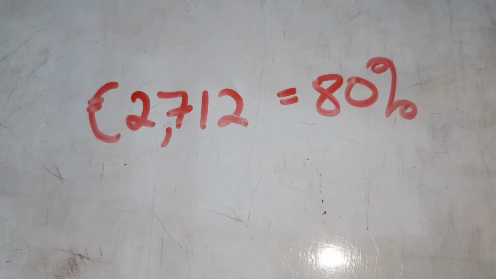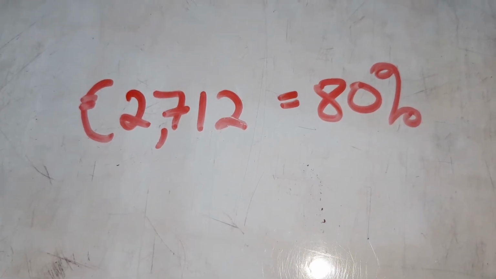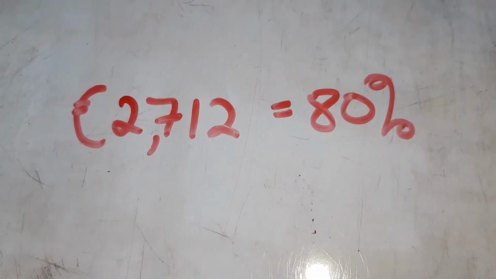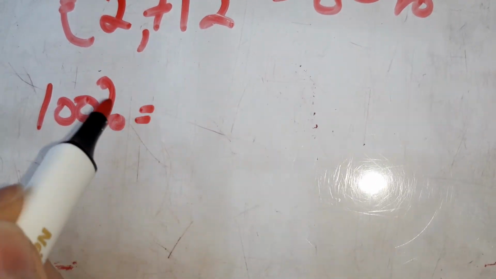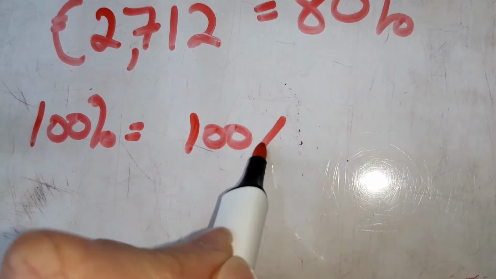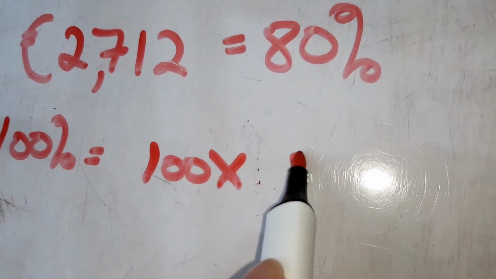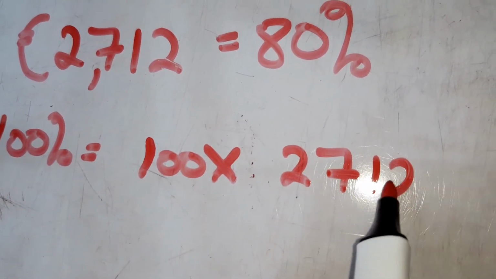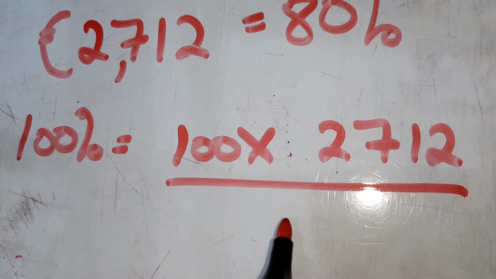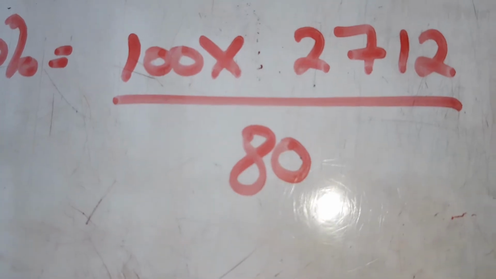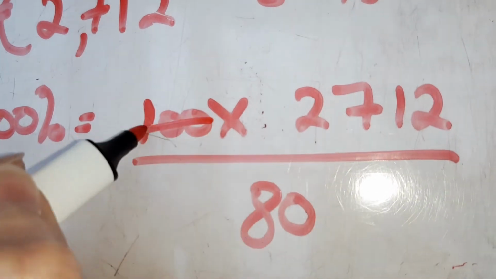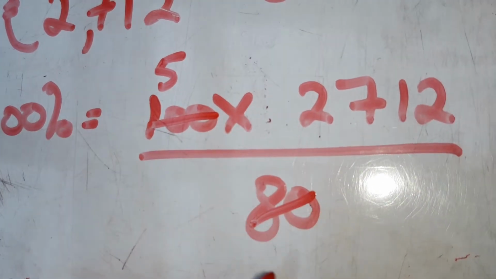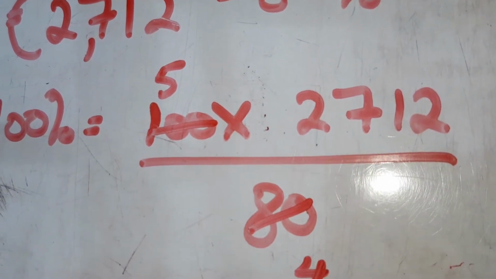That means that 2,712 was worth 80%. So to find 100%, it equals 100 times the selling price, which was 2,712, over 80. We can divide them by 20. So 100 divided by 20 is 5. 80 divided by 20 is 4.